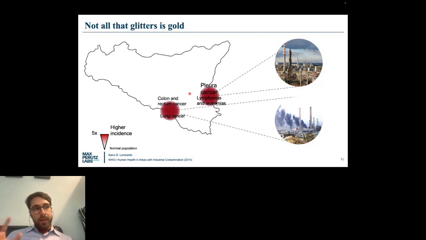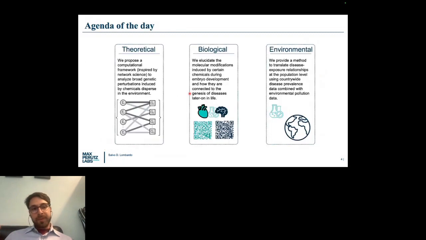The agenda of today will be grouped in 3 different parts. In the first part, we will look at the theoretical aspects of this work, how we try to connect chemical exposures to molecular genetic perturbations. The second part has a little more biology and experimental setups. There are 2 QR codes here.